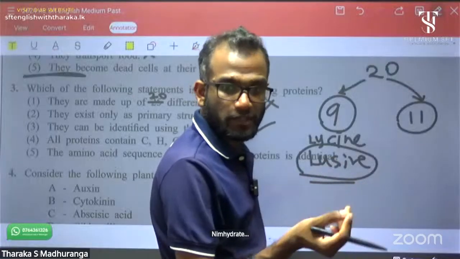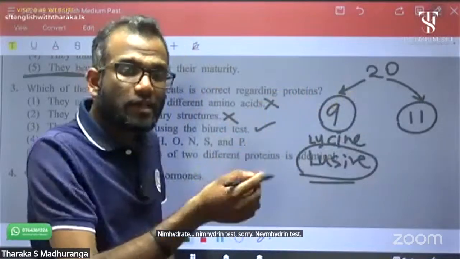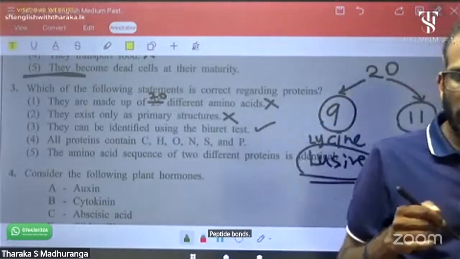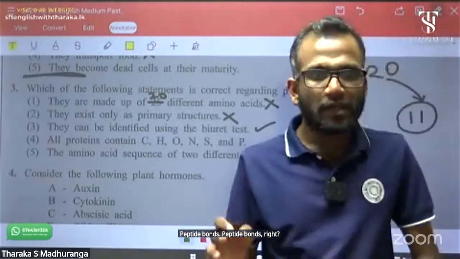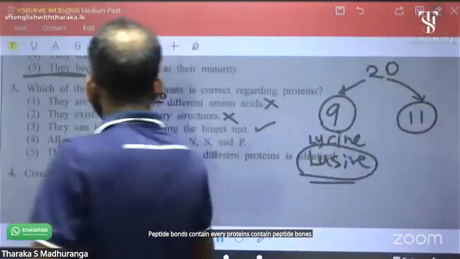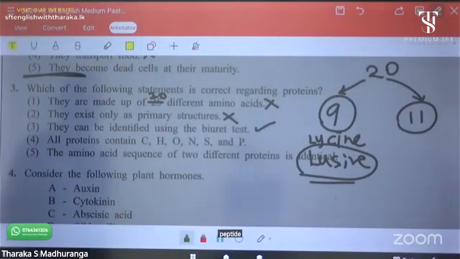In the biuret test, we can identify peptide bonds, right? Every protein contains peptide bonds. Therefore, proteins we can identify by peptide bonds.